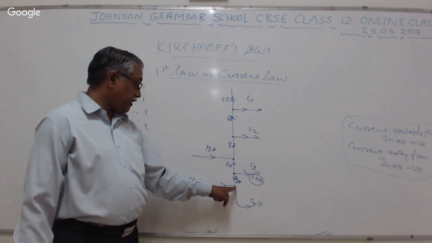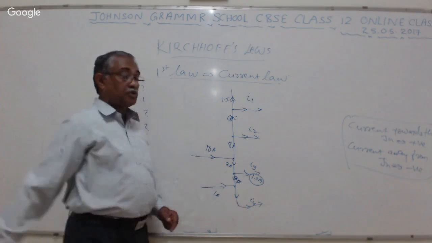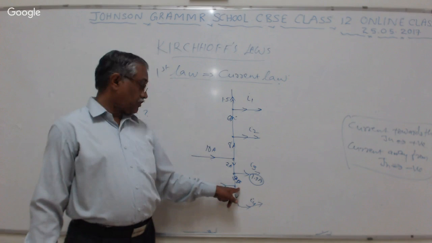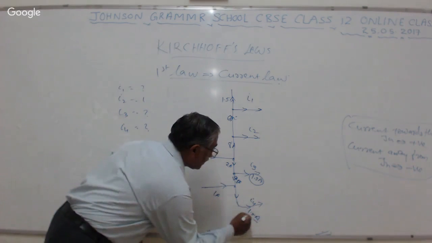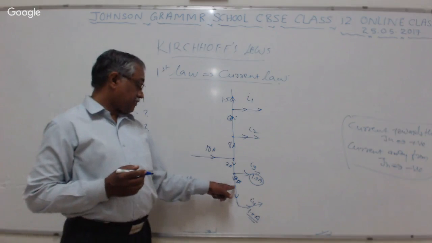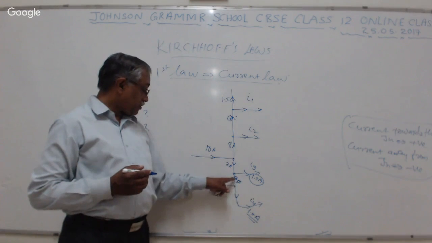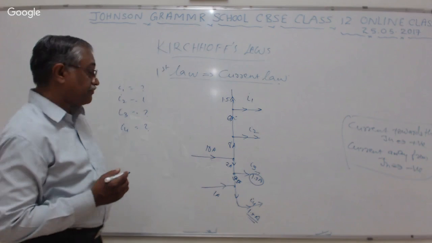So at the junction, two currents are coming, 1 ampere plus 0.5 ampere. So both come together and flow along this direction, that is 1.5 ampere.